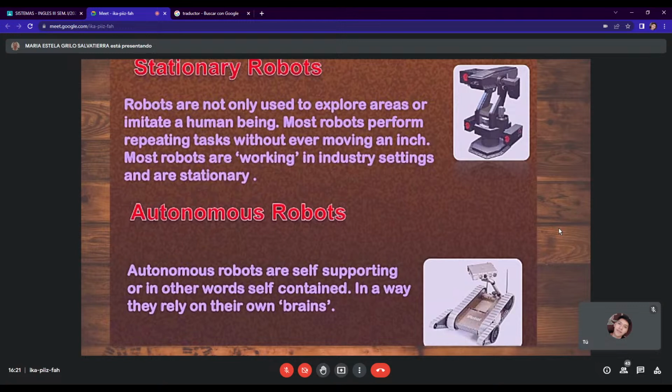Because if they move, they can cause an accident, or they can destroy the work. Do you remember what was the meaning of plantillas? What is the meaning of plantillas, people?